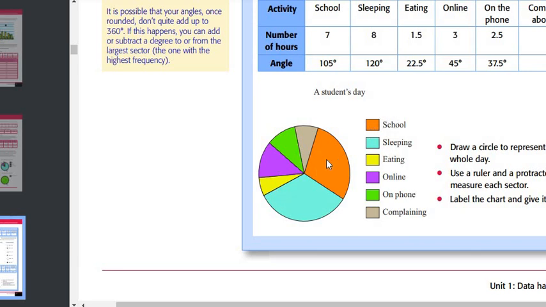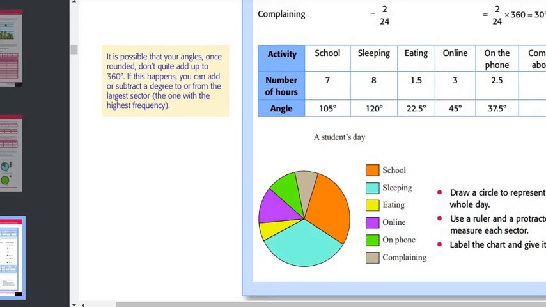So the orange one means school. And here you have the same table organized differently with the number of hours and the angle, the sleeping and the angle, the eating and the angle. And with these angles, you can make the pie chart.